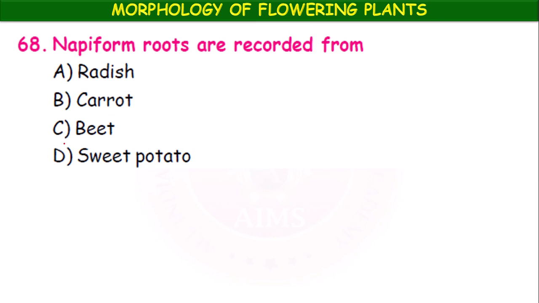Napiform roots are recorded from... Napiform means this form. Radish, carrot, beetroot, sweet potato. It is the beetroot with the napiform.